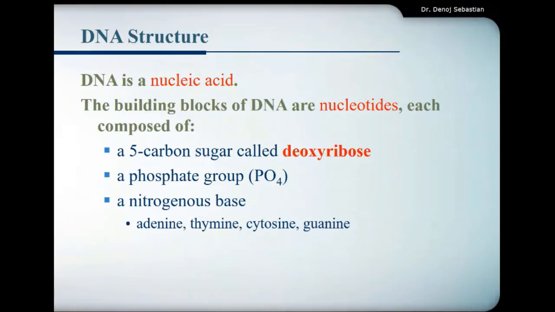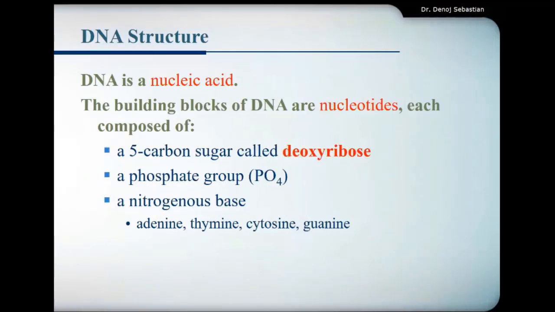So the DNA is a nucleic acid. And you know that the building blocks of these DNA or RNA, the nucleic acids, are different nucleotides. Each of these is composed of a 5-carbon sugar called deoxyribose in case of DNA, whereas it is a ribose in case of an RNA.